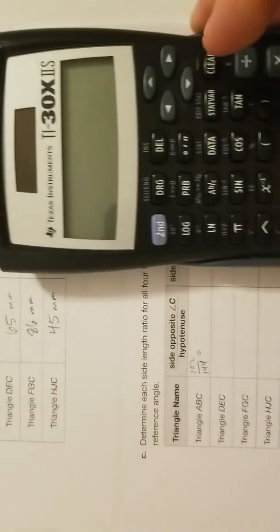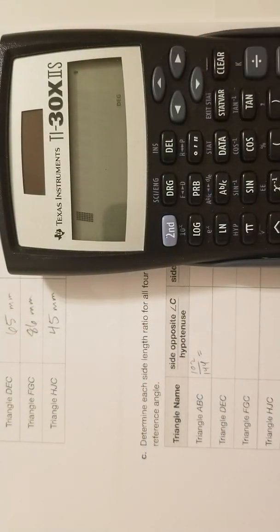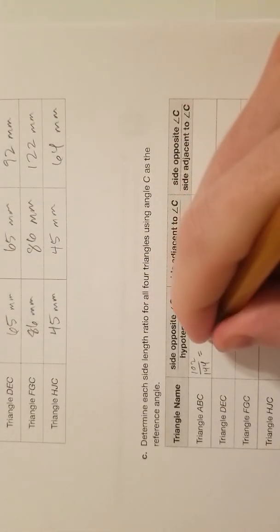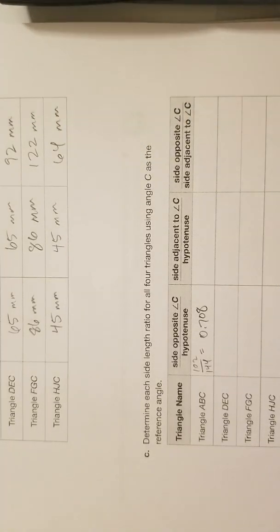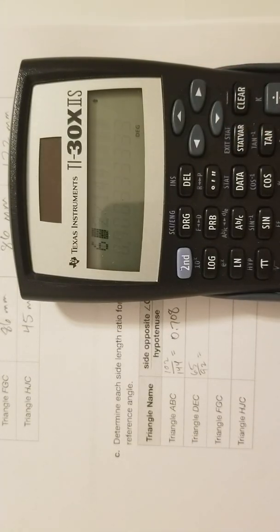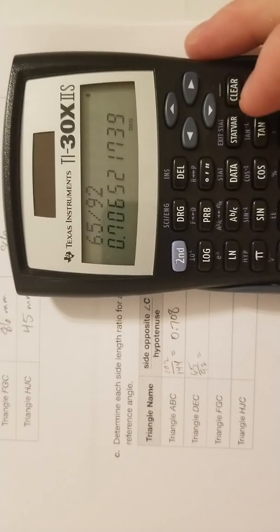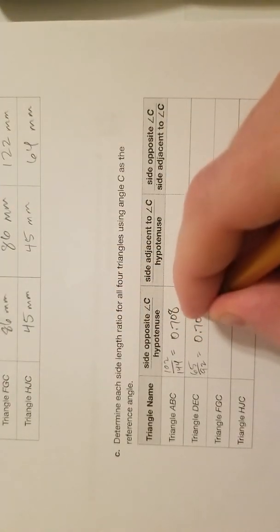And we already did this earlier on the calculator, but let's go ahead and pull it back up. 102 divided by 144, 0.708. Okay, and let's just do it for all of these. Let's do it for DEC. This one is 65 divided by 92. And I got 0.7065, which rounds up to 0.707. And let's do FGC.